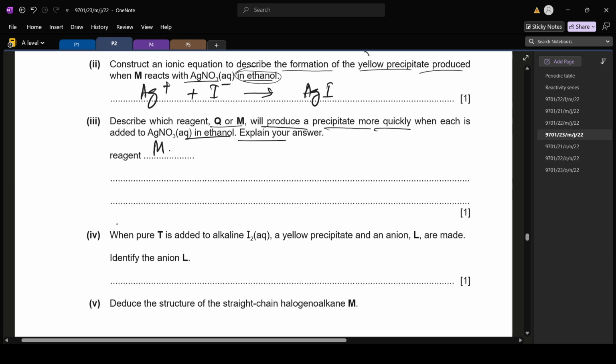M will form a precipitate quickly because the carbon-iodine bond is weaker.